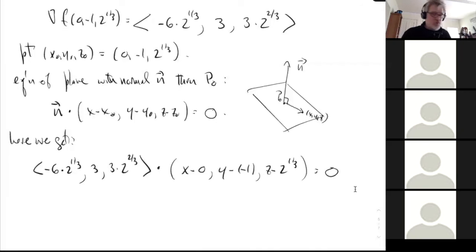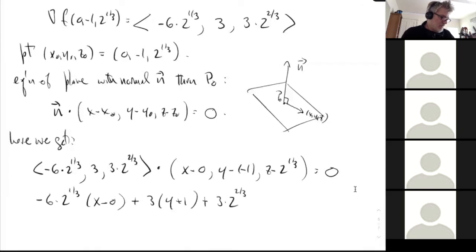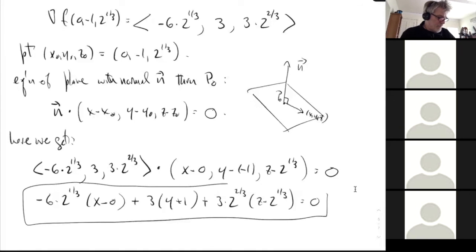So I just do the dot product, and I get minus 6 times 2 to the 1/3 times (x minus 0). I'll keep the minus 0 so you see the structure. Plus 3 times (y plus 1), plus 3 times 2 to the 2/3 times (z minus 2 to the 1/3) equals 0. If I didn't make a stupid mistake, that should be right.